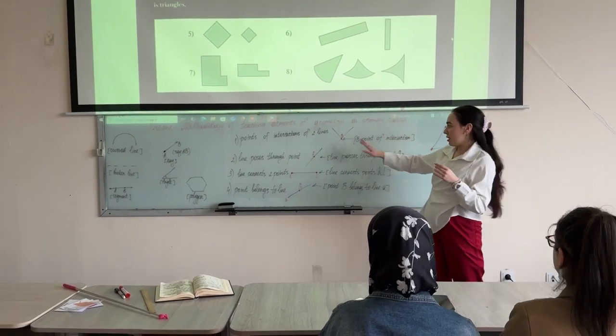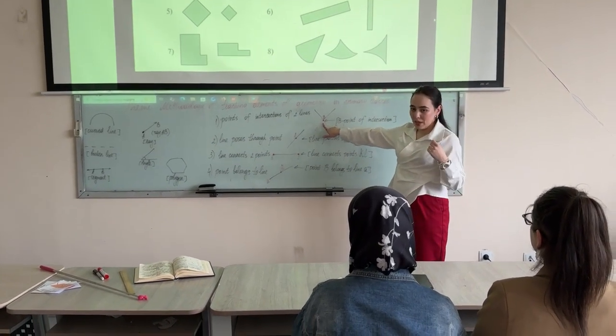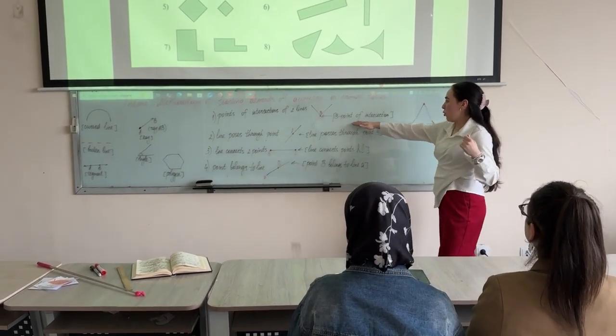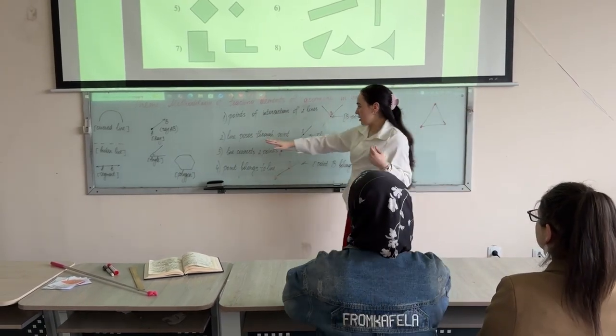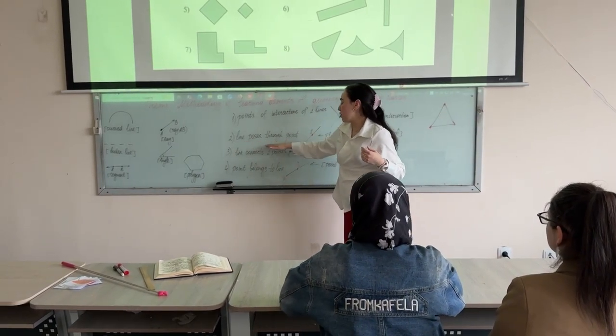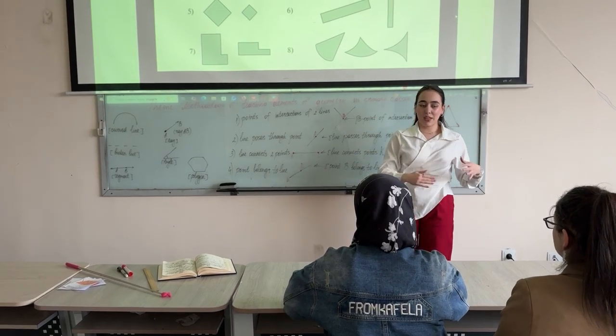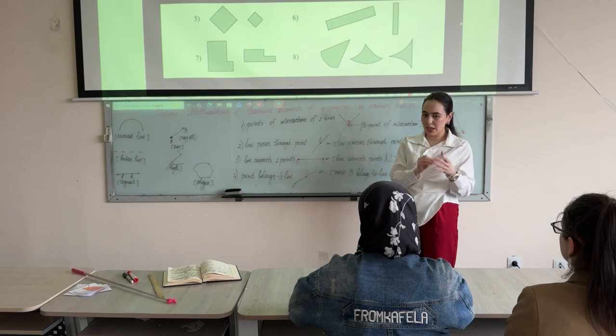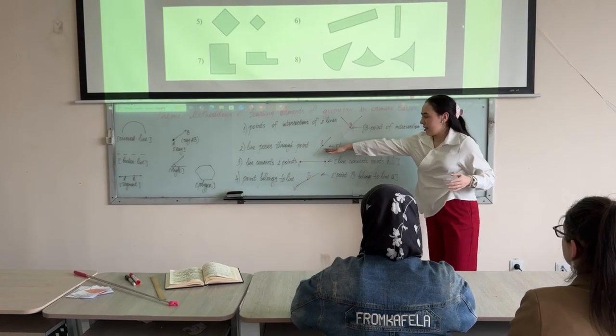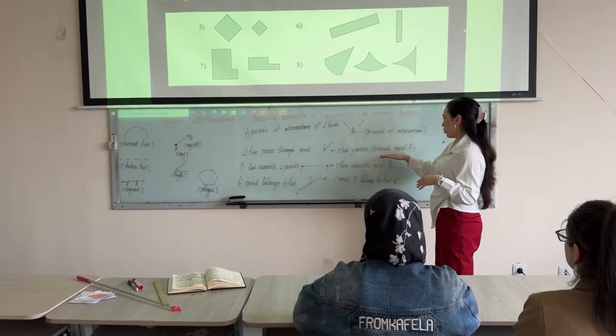In this example, point B is the point of intersection between these two lines. The next stage is a line passes through a point. It means that we have a line and one point located on it, like A. The line passes through point A.